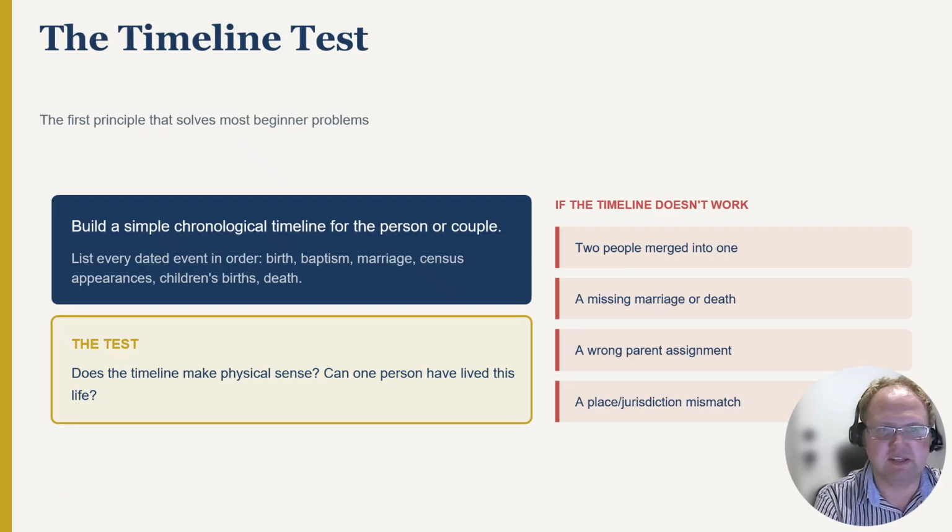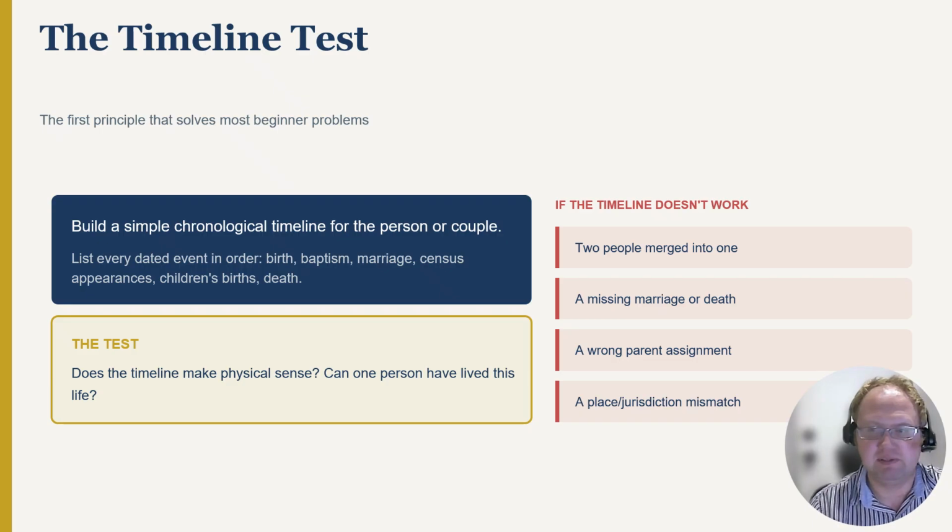The timeline test. Let's discuss the first of two practical tools that solve most beginner problems, the timeline test. Build a simple chronological timeline for a person or a couple you're researching. List every dated event in order: birth, marriage, baptism, census appearances, court dates, children's births, land purchases, military service, death, probate.